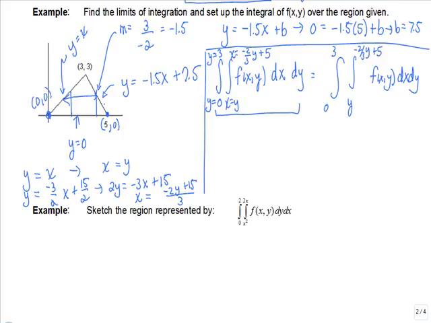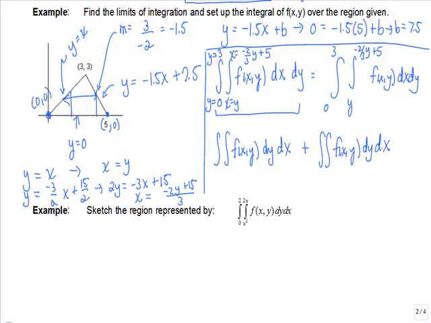When that happens, when your inner integral uses two separate sets of functions, you have to break the problem up into two integrals. So that's what I have to do here. So f at xy, and it's going to be dy dx, and then plus f at xy dy dx.